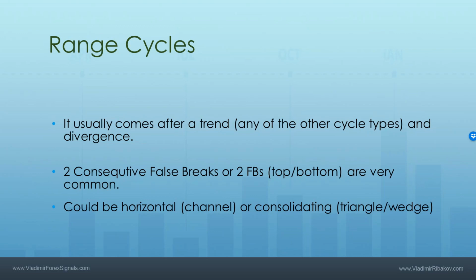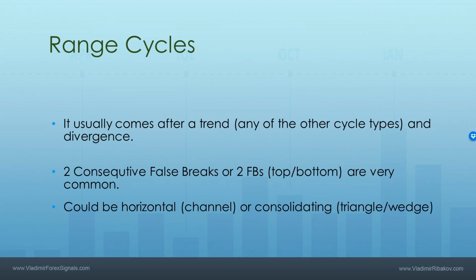Range cycles usually come after a trend, which makes sense, right? Any of the other cycle types: a double cycle and then a range, a triple cycle, then a range, a special cycle, and then a range. And with divergence, which I'll talk about in a second.